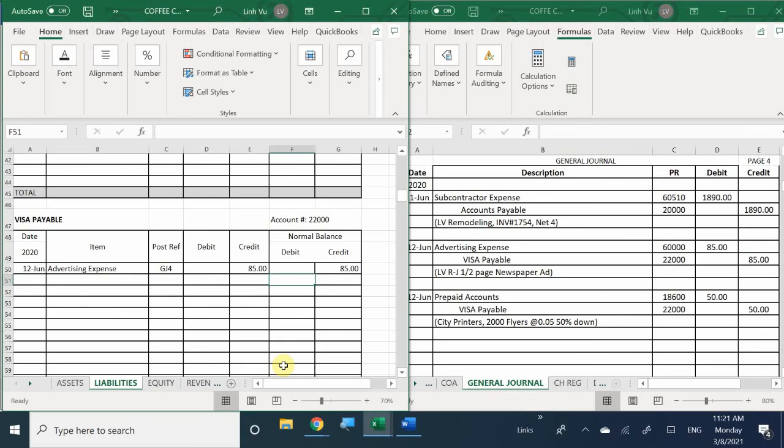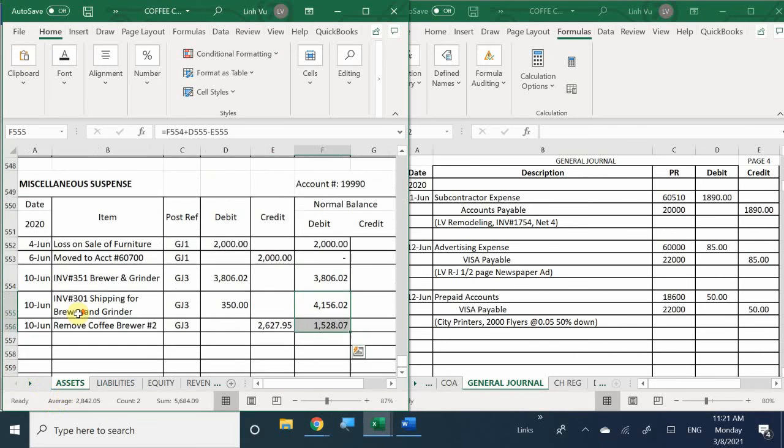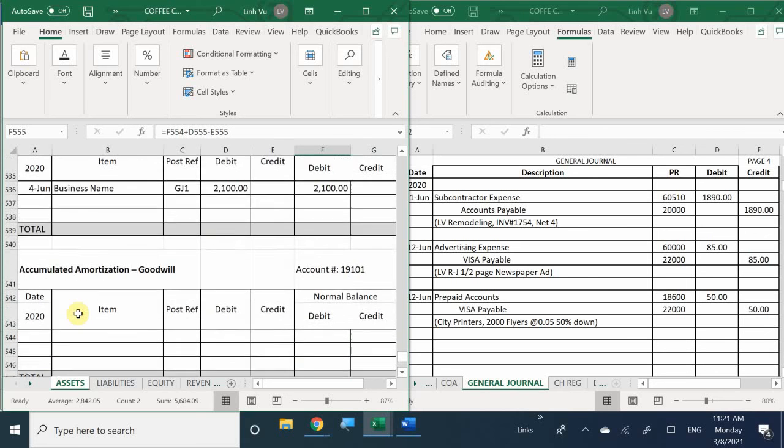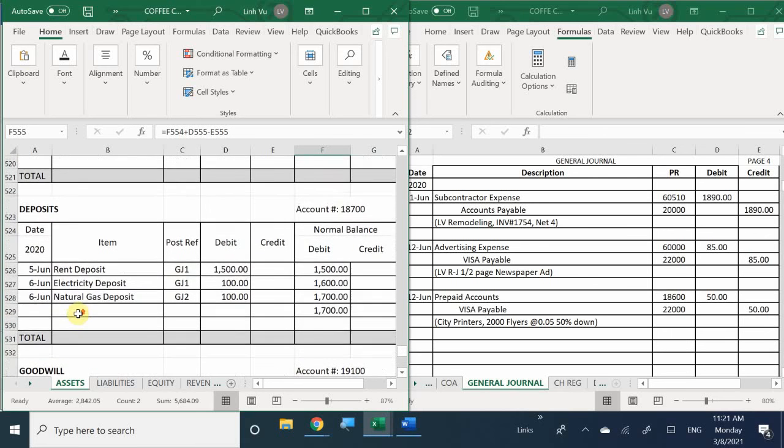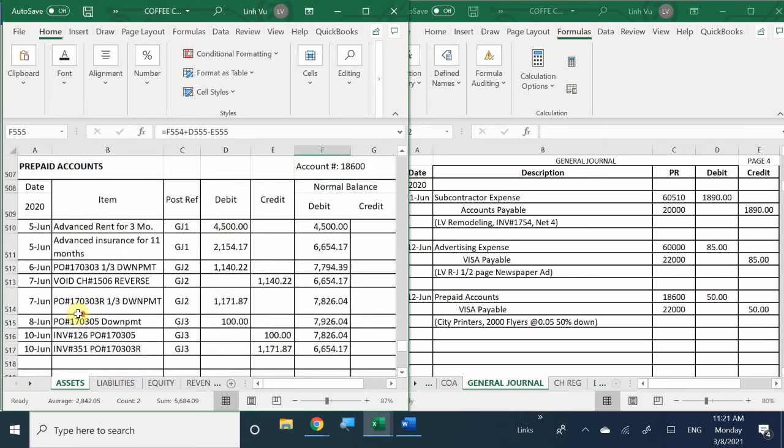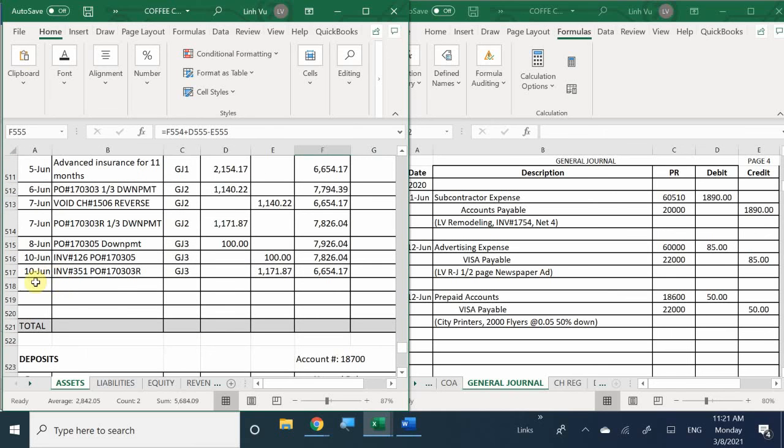Okay? So I have another prepaid account. So I'm going to go to assets. And I'm already at the bottom, so I'm going to scroll all the way up until I find my prepaid accounts. All right, so 612. All right, 50% down.